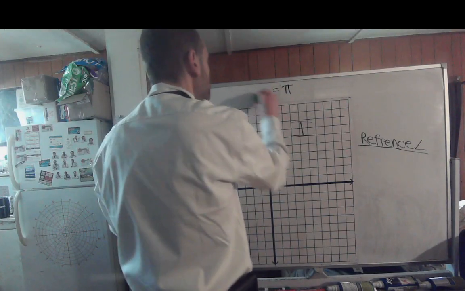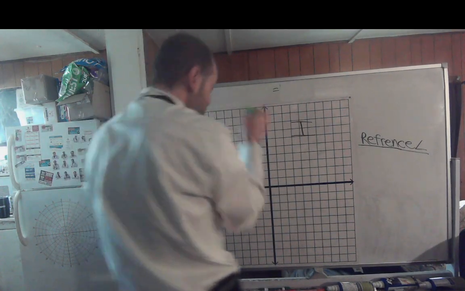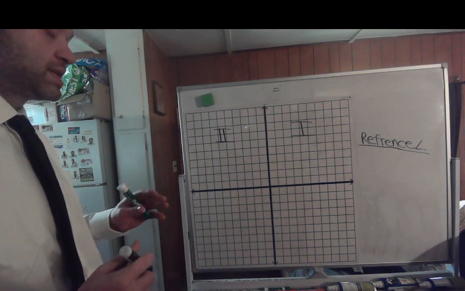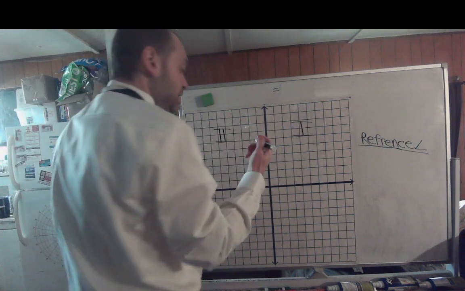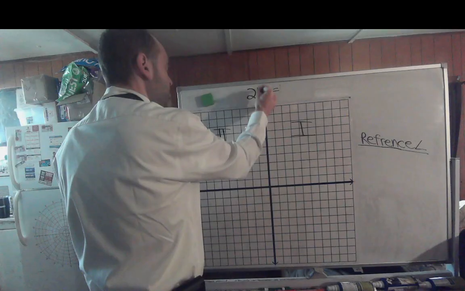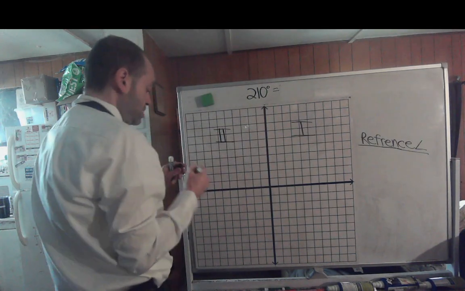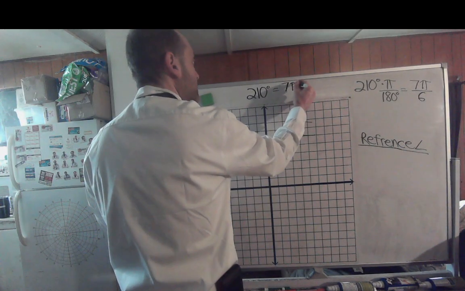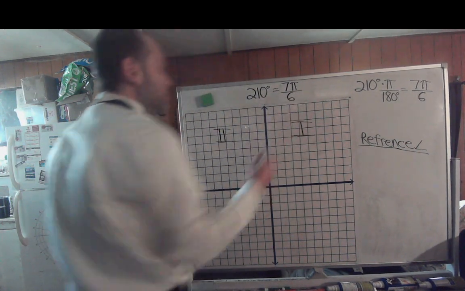Yet again, reference angles change a little bit in the third quadrant. So let's do a 210 degree angle. Well, why don't we convert that to radians? So 210 degrees times pi over 180 degrees is going to equal 7 pi over 6 radians. So 210 degrees equals 7 pi over 6 radians.